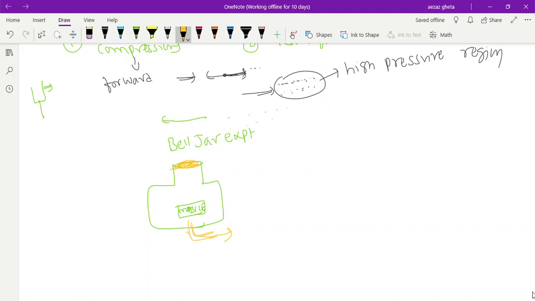The intensity of the sound decreases, like the volume. In simple words, the volume of the ring will decrease slowly as you remove air from the bell jar. Figure is not that good, but just understand that slowly the intensity of the ring will decrease.